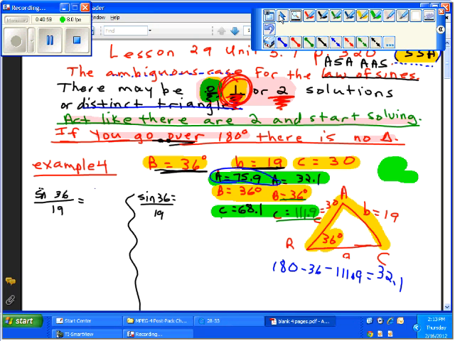To find little a in option 1, we would do sine of the angle a of option 1, and that would give us little a for option 1. To find the little a for option 2, we would do the sine of the angle a in option 2, and that would produce the little a choice for 2. Okay? So we have two possible little a's because we had two possible big a's.